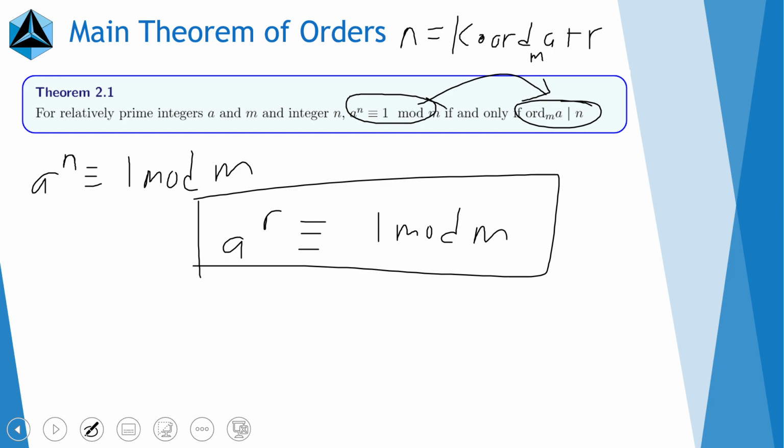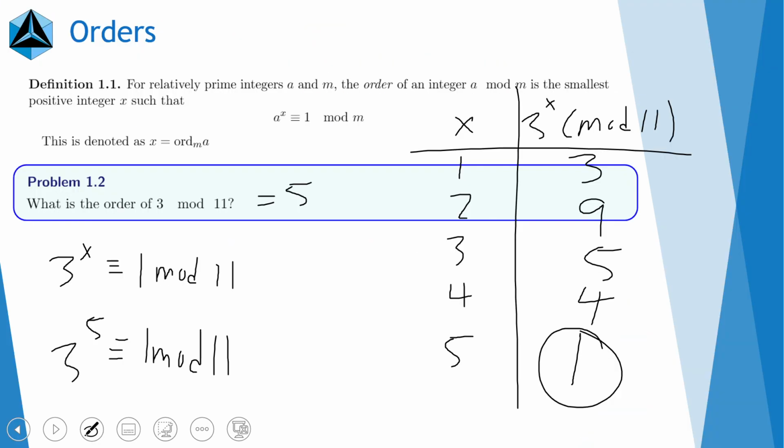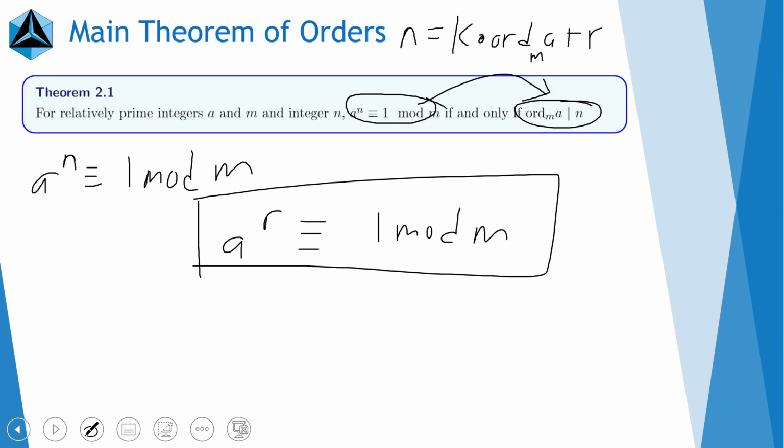Well, what does this tell us? This looks eerily familiar, and this looks a lot like our definition of order. If you look back here, a to the x is congruent to 1 mod m. But then you're thinking, wait, if r is positive, this gives us a contradiction, because we know that the order of a mod m is the smallest positive integer such that a to the x is congruent to 1 mod m.